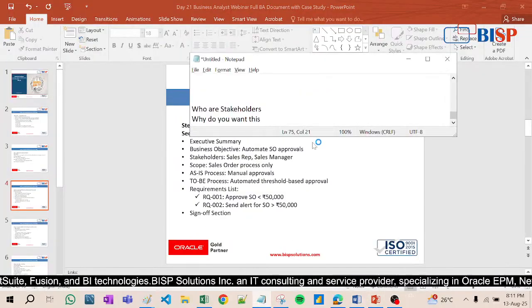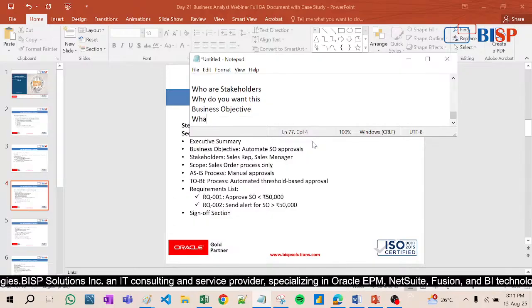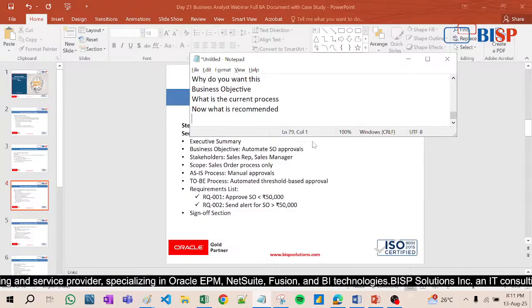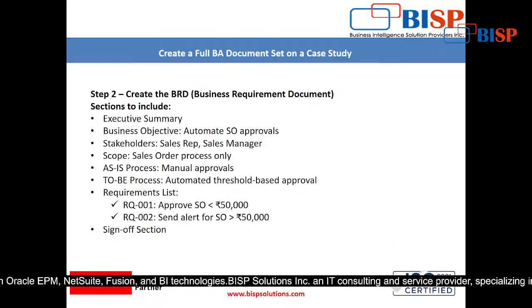You have to write the business objective, then the current process, then what is recommended, and why it is required. All these things you have to explain on your own.